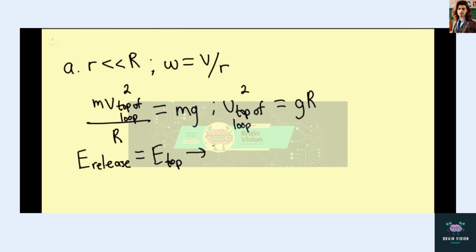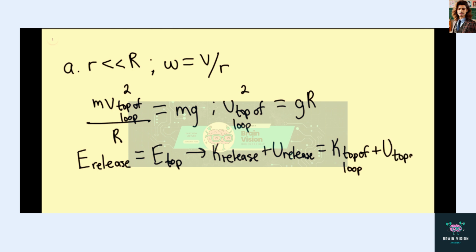Then we can say that the kinetic energy at release plus the potential energy at release would be equal to the kinetic energy at the top of the loop plus the potential energy at the top of the loop.